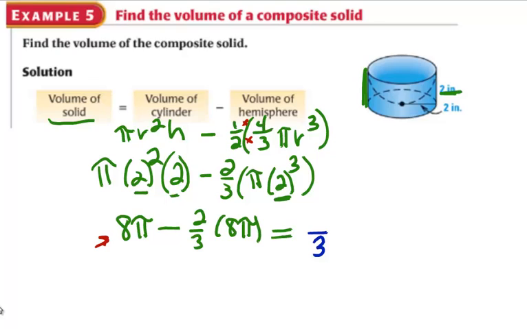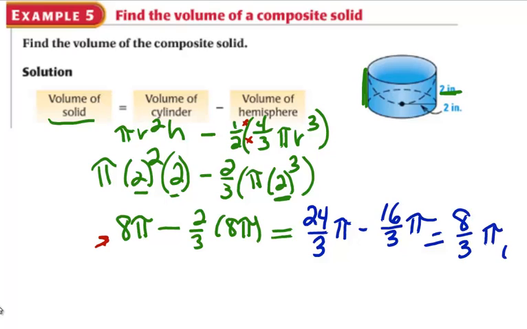And so that's going to be 24 over 3 pi minus, and 2 times 8 is 16 over 3 pi, or 24 pi over 3 minus 16 pi over 3, which is going to give me a value of 8/3 pi. And this is inches cubed.